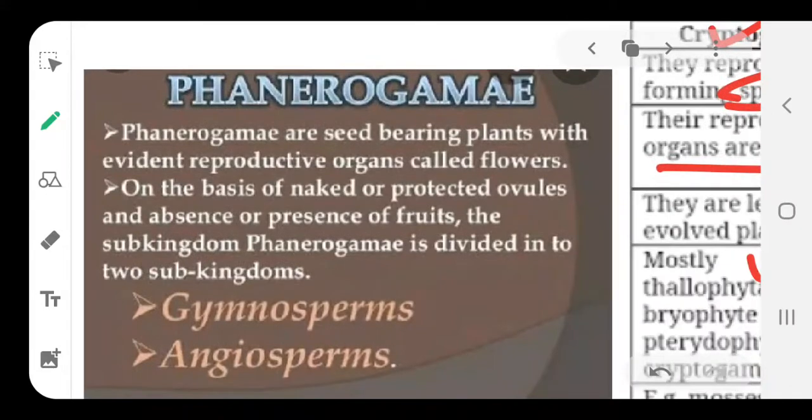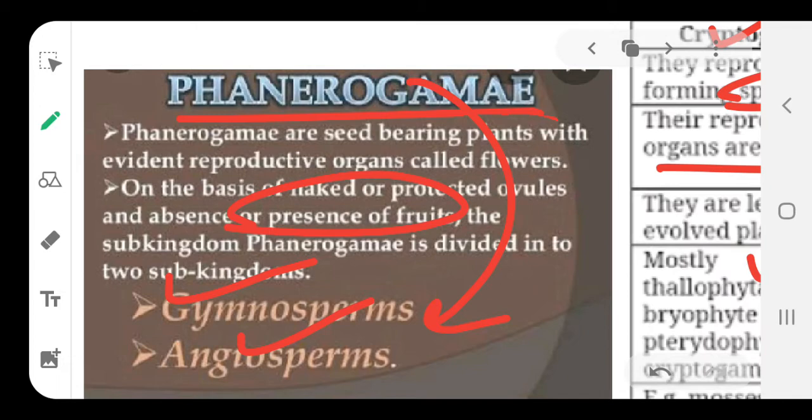As I told you in the differences, phanerogams are the seed bearing plants, write it down, with evident reproductive organs called flowers. Now the flower comes into the scene, and on the basis of naked ovules, or the absence or presence of fruits, phanerogams are further divided into two parts called gymnosperms and angiosperms.